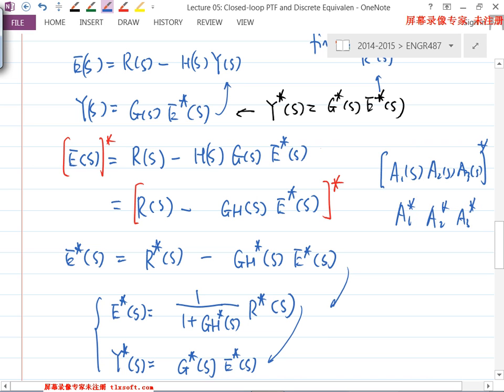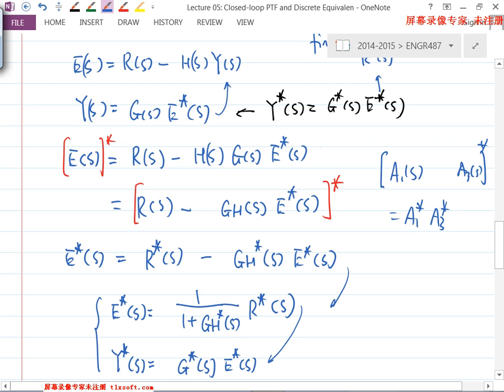The only property that applies is to two of them. There are three of them here, so if I take the star of the Laplace here, I'm going to have to combine things together in order to get everything in the star.